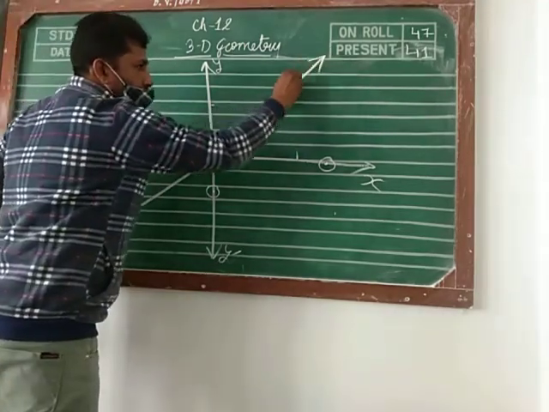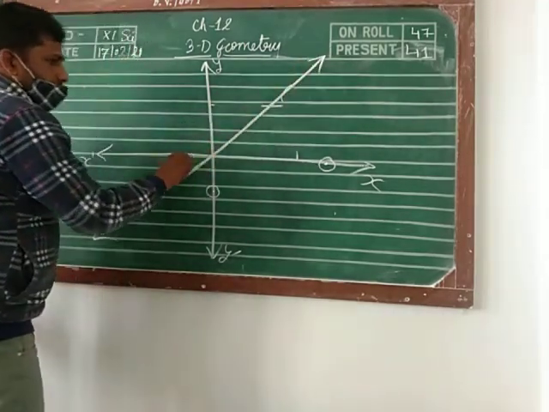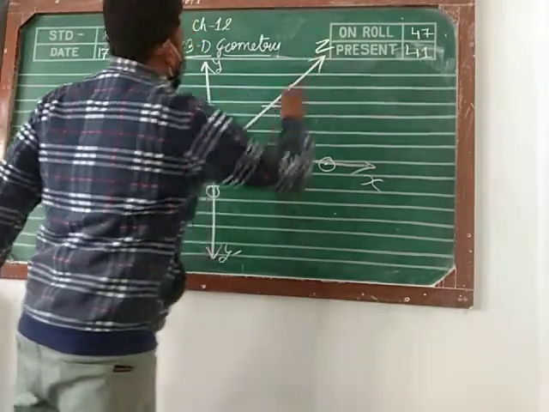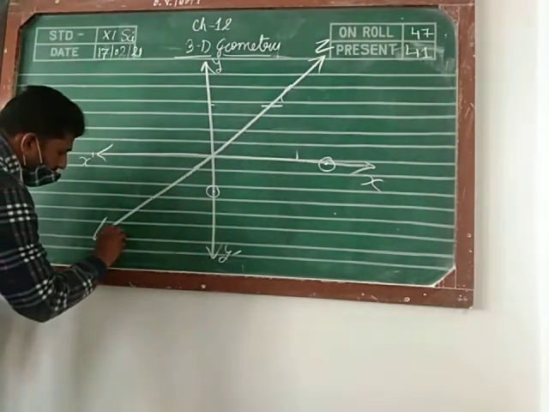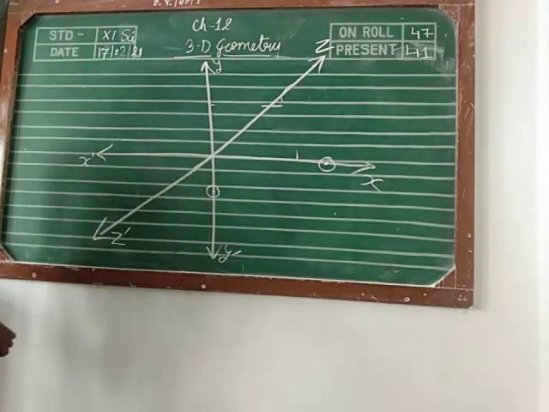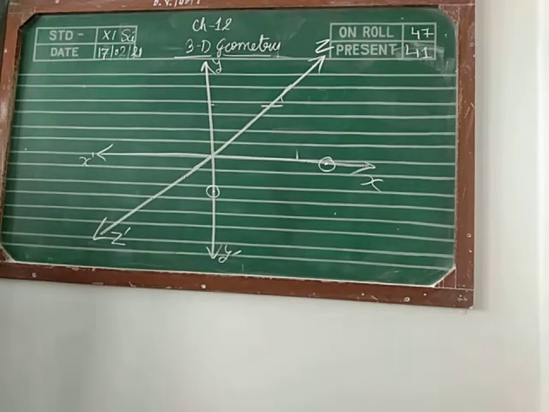The figure is given to you in the NCERT book, page number 269. In that figure you are observing three planes, and these three planes are mutually perpendicular to each other.